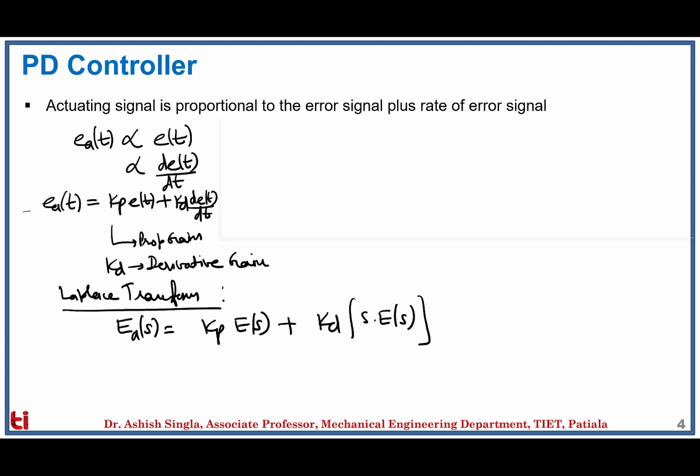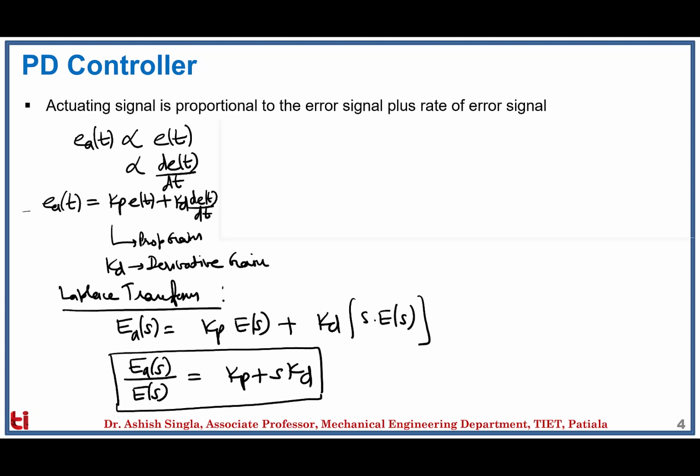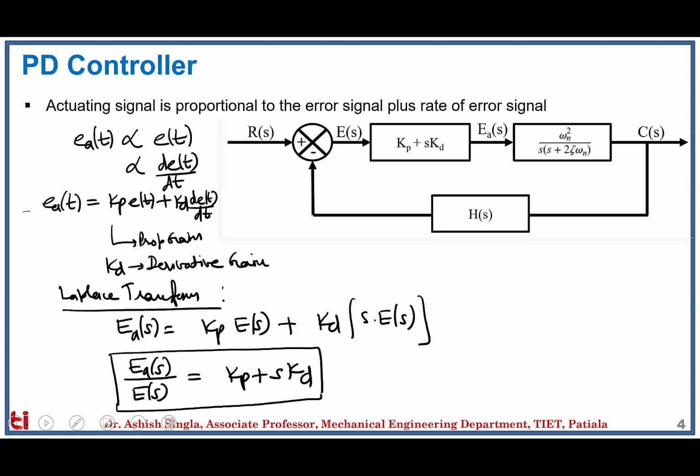So we can take E(s) common in this case, and we have Ea(s) divided by E(s) is equal to Kp plus s Kd. So this Kp plus s Kd is called the gain of the PD controller, which can be shown here like this.